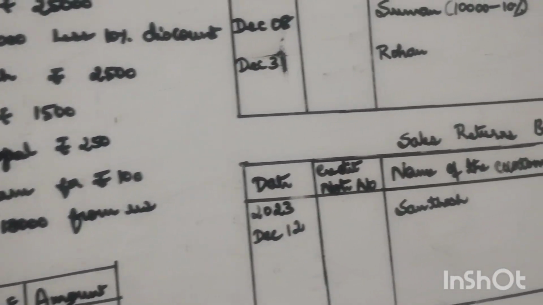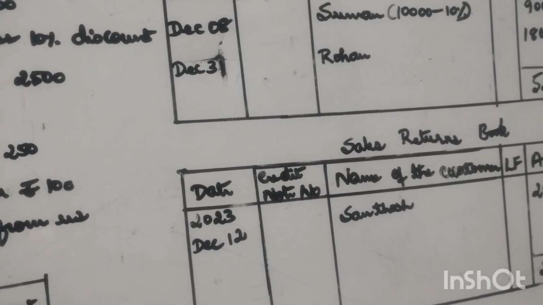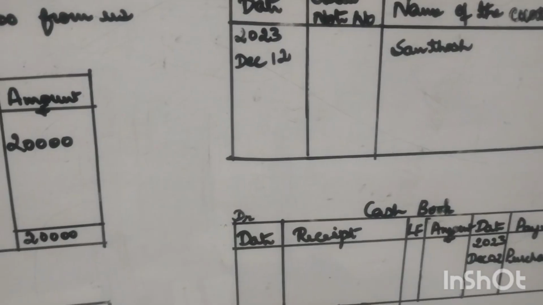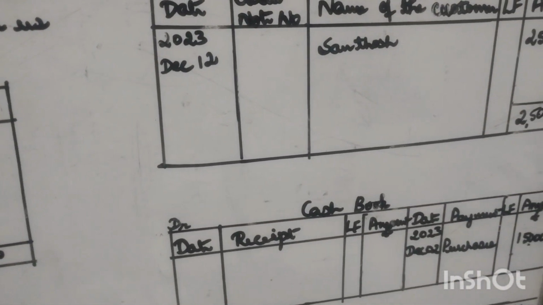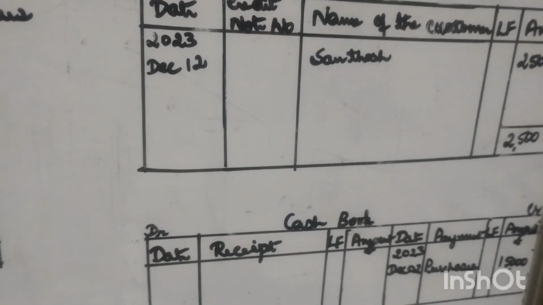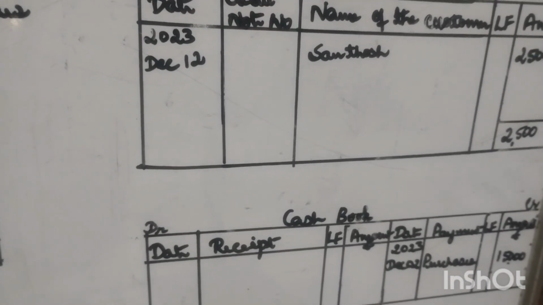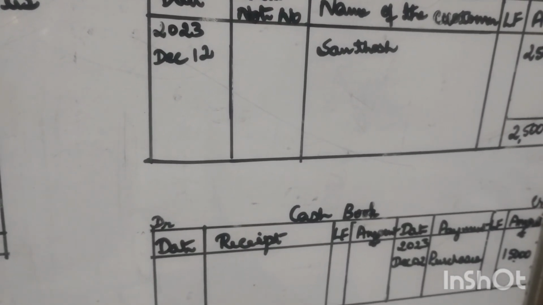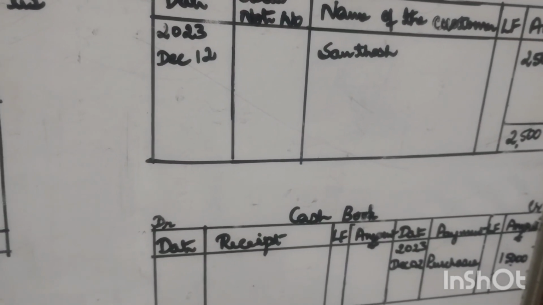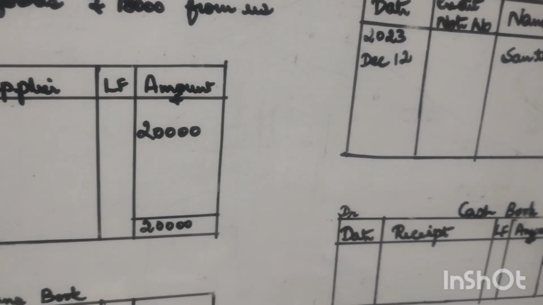So this is a cash purchase transaction. It has to be recorded in the cash book. As for purchasing goods, payment is made, so credit side, date 2023 December 2nd. It must be recorded as purchases, amount worth rupees 15,000.